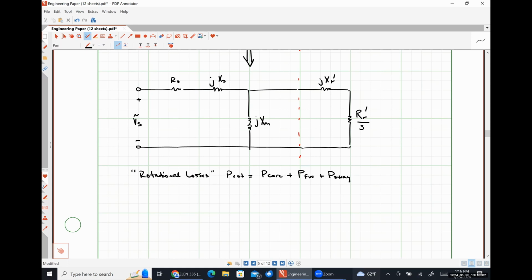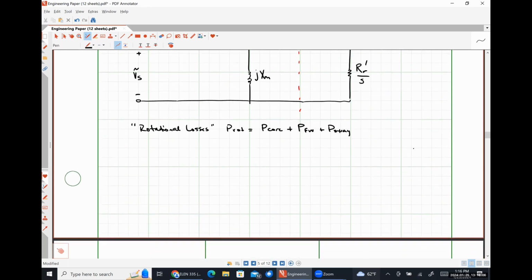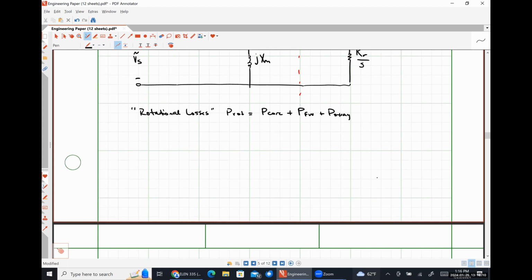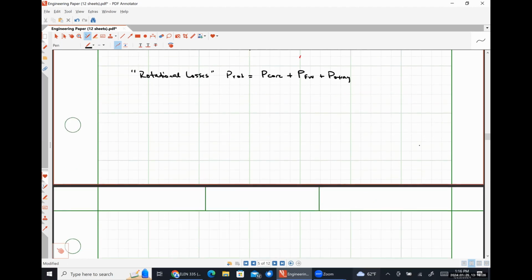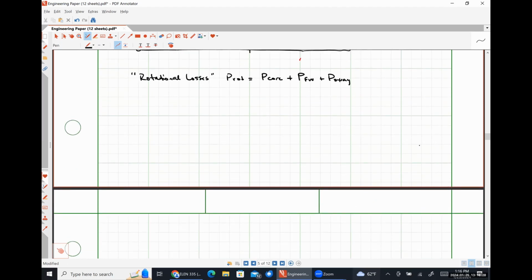Okay. So if we take the Thevenin equivalent of everything to the left of the red dashed line, we should be able to figure out some Thevenin voltage that's applied to our input and some Thevenin impedance that's seen looking into those terminals, right?